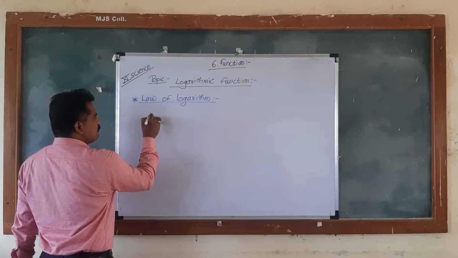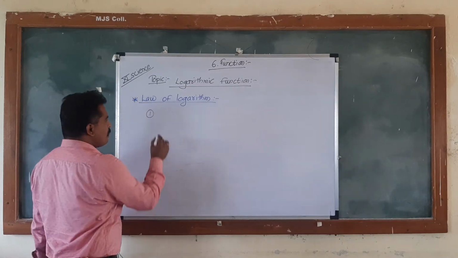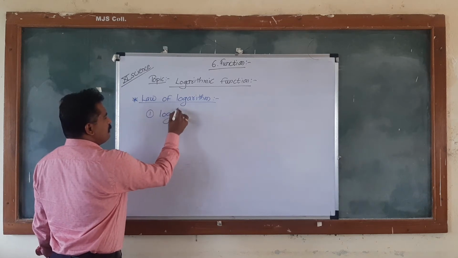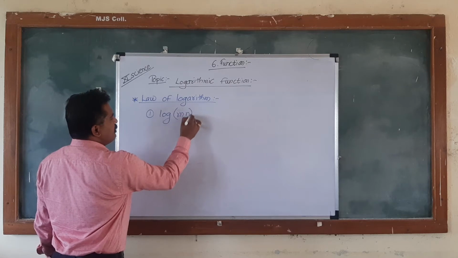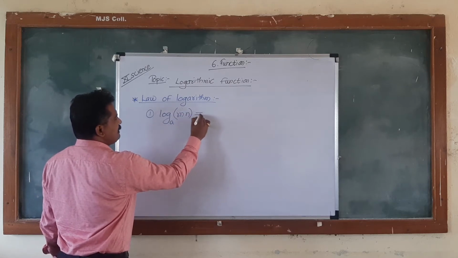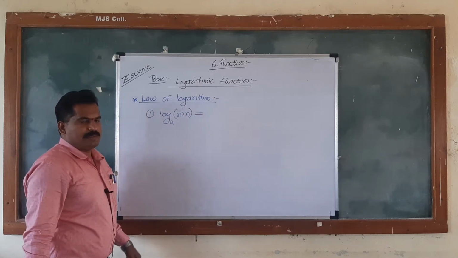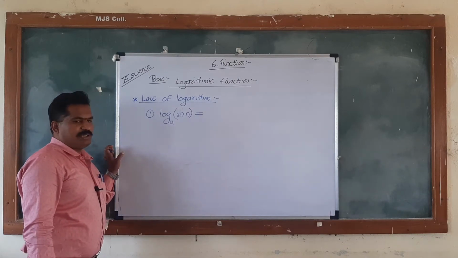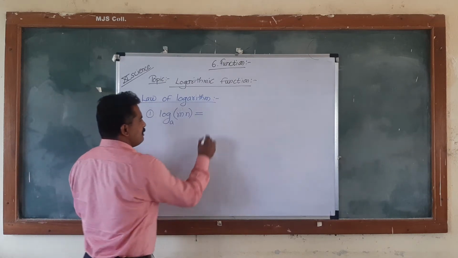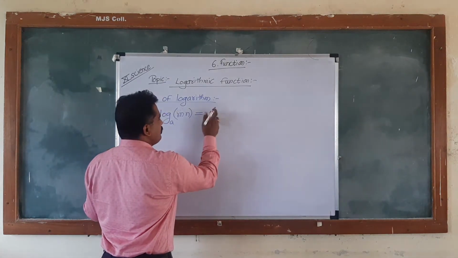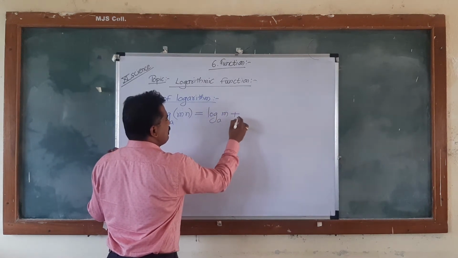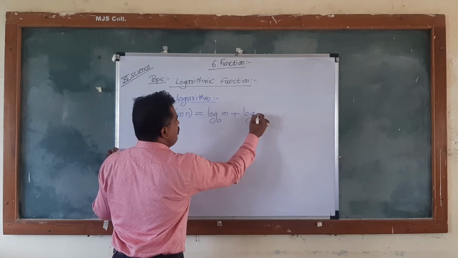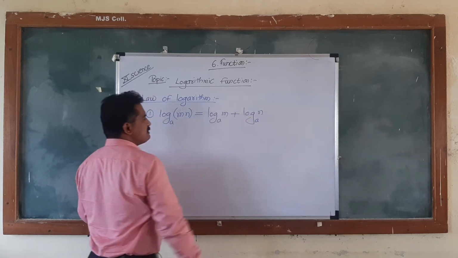The first law is log of m into n to the base a is equal to log of m to the base a plus log of n to the base a.